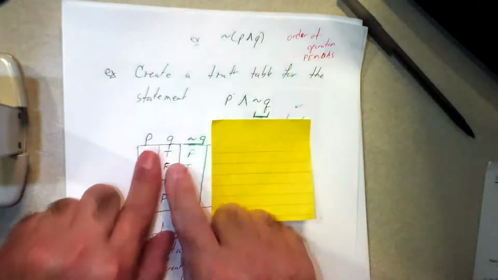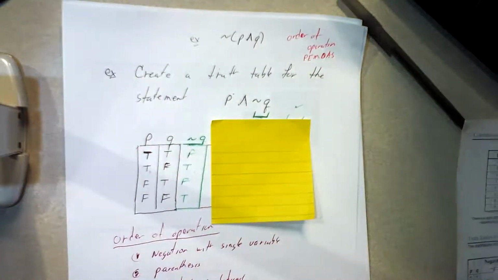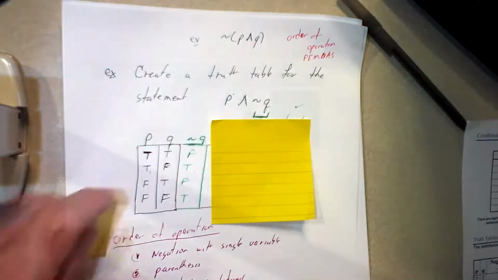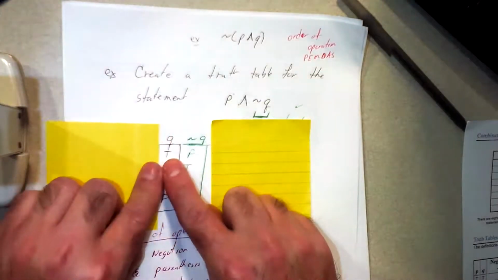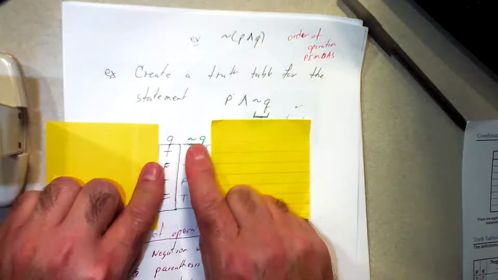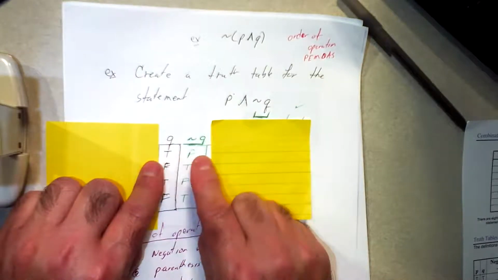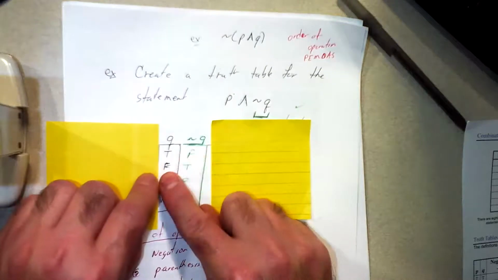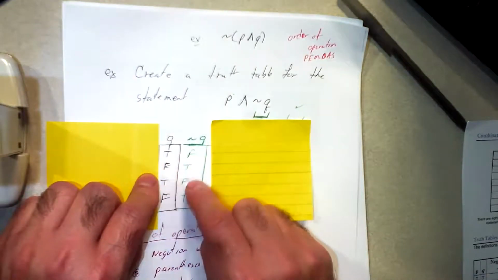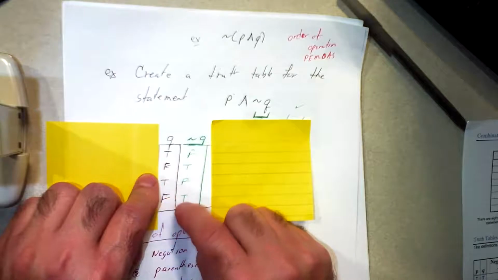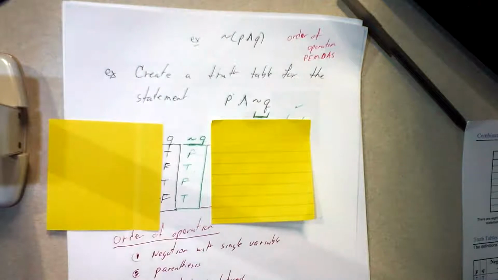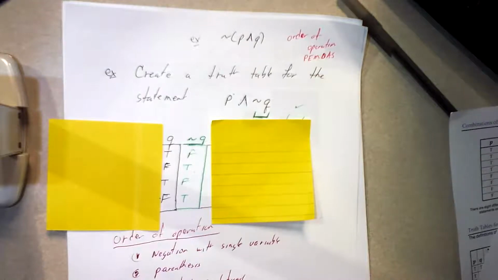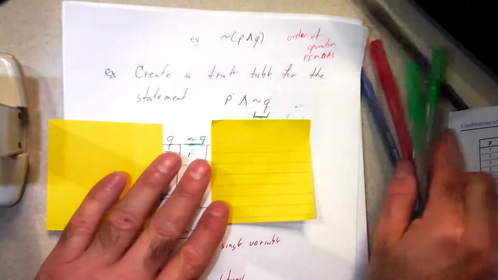So how do I do the negation of Q? I'm going to get my Q column, and I'm going to take the opposites. That's what the negation means. So what's the opposite of true? It's false. Opposite of false is true. Opposite of true is false. Opposite of false is true. Now, I'm also going to suggest that you get different color pens when you do these. It makes a big difference.